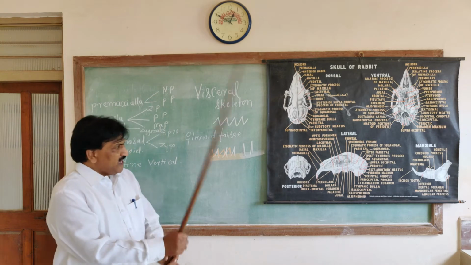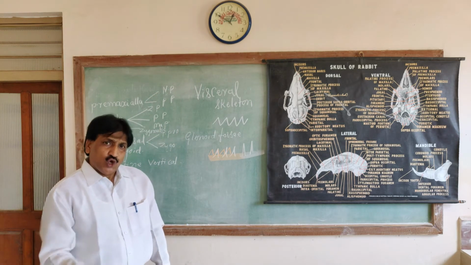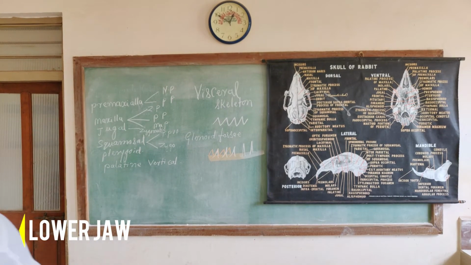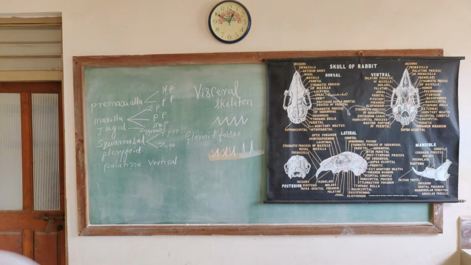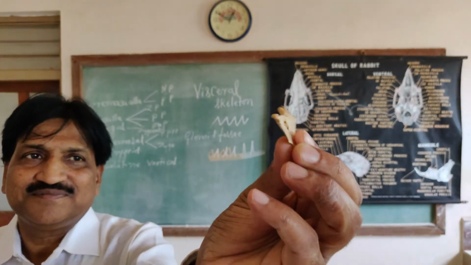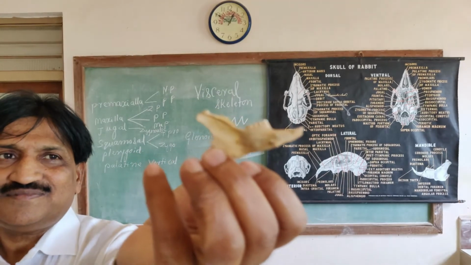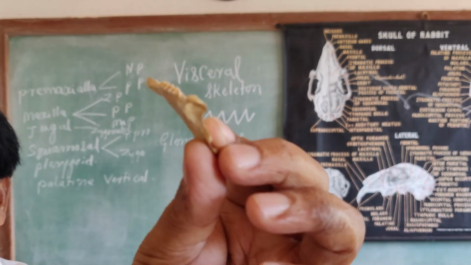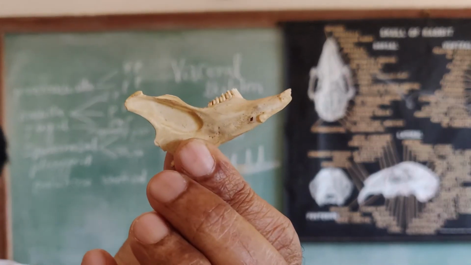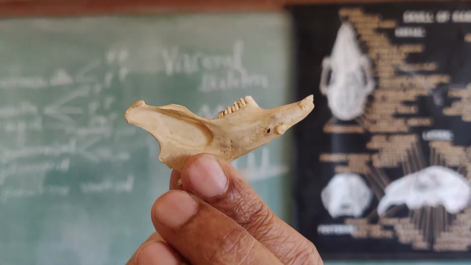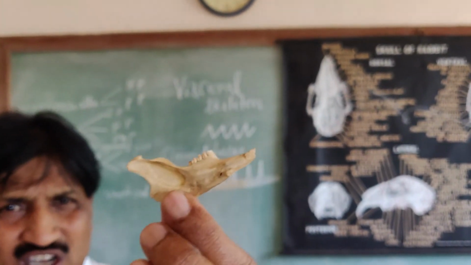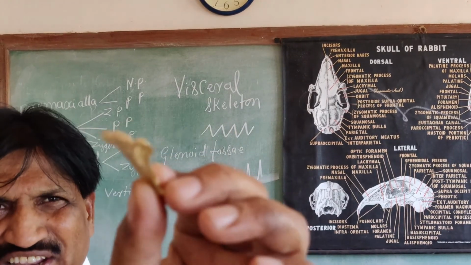Okay. The next one is called the lower jaw. Here, the lower jaw is a somewhat vertical bone and flattened in nature.